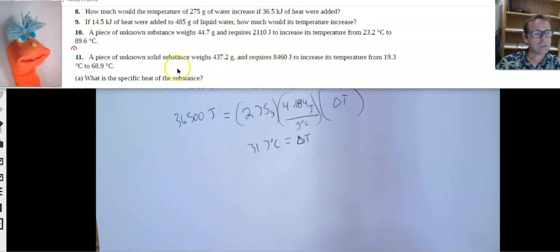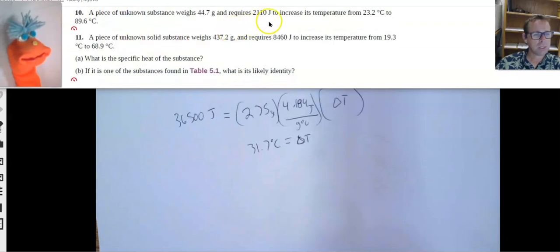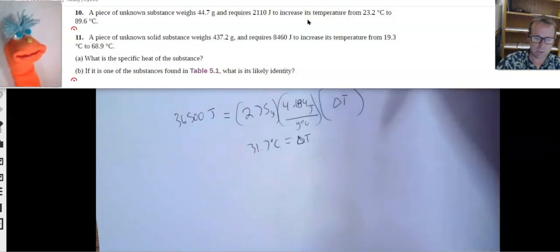Okay, so a piece of unknown substance weighs 44.7 grams and requires that much energy to increase its temperature that much. I wonder if I cut this problem off. I imagine we're trying to find out what the specific heat of the material is.